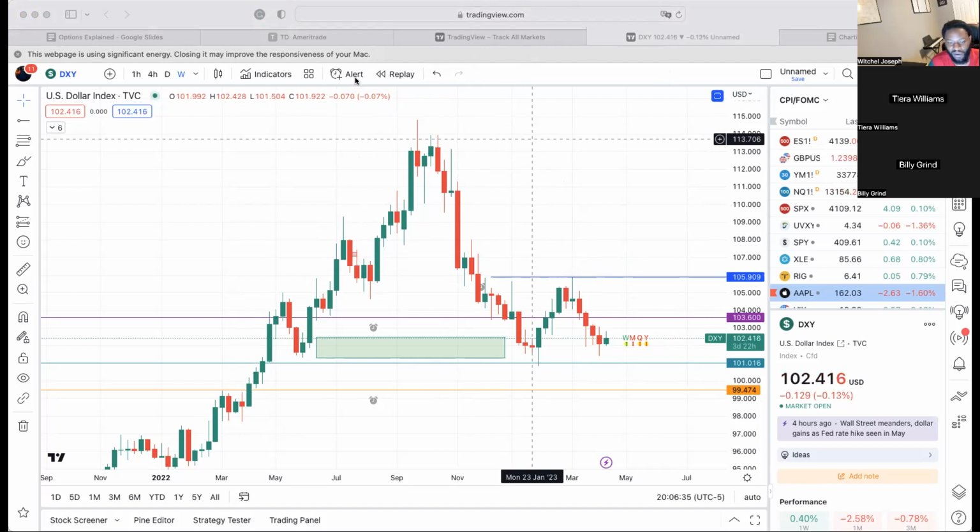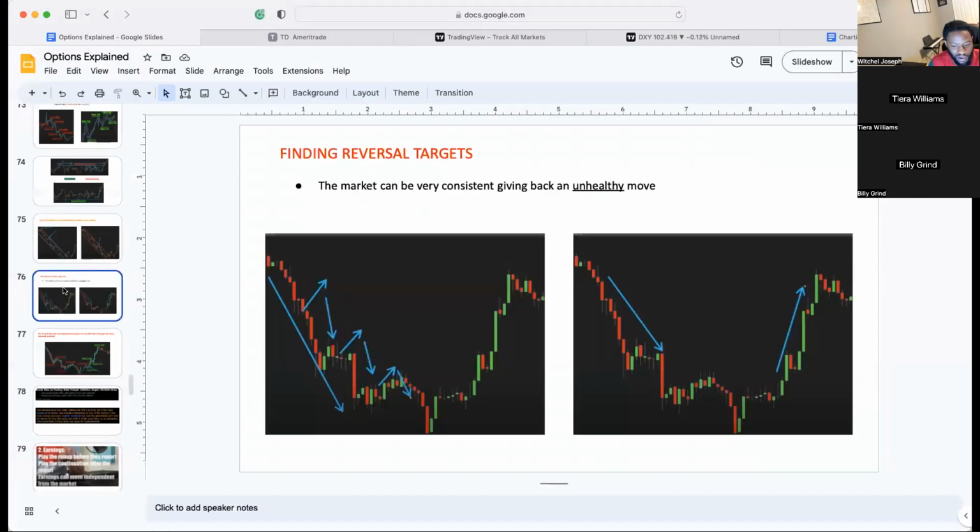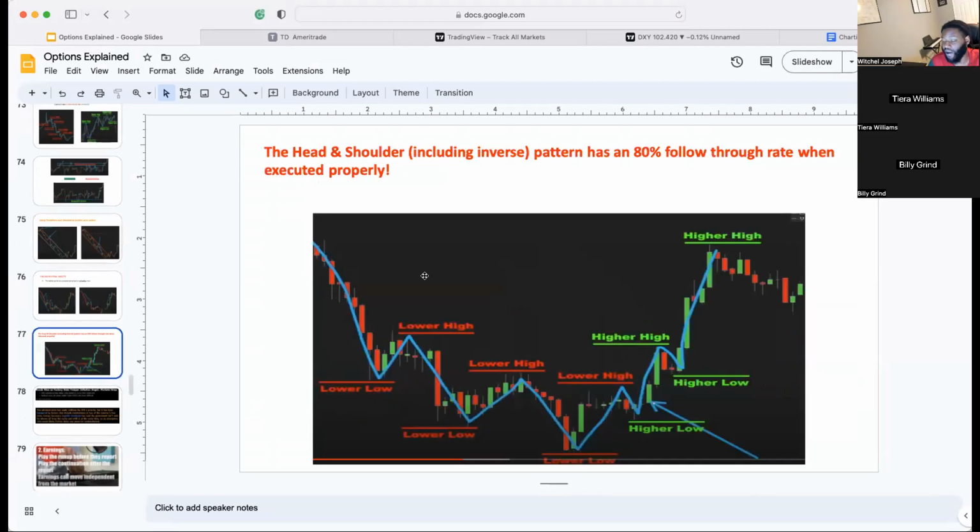Mainly because, going back to basics, remember we were talking about how do you know you're on an uptrend, how do you know you're in a downtrend? If your lows are getting lower and your highs are getting lower, then you're on a downtrend.